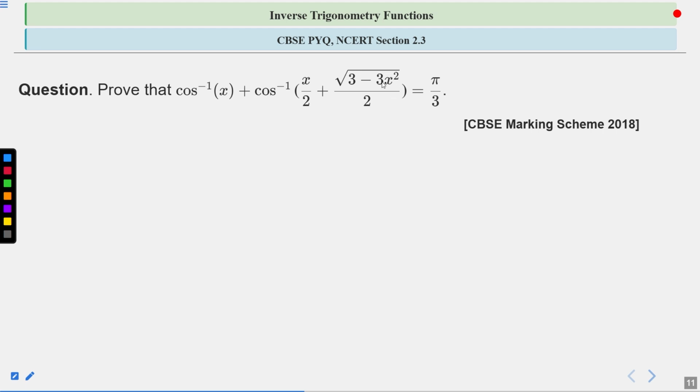So root 3 by 2 into sin theta. Finally we can write cos inverse cos of some angle as that angle, and after further simplification we will get pi by 3. Got it?